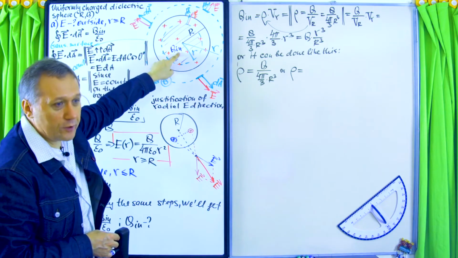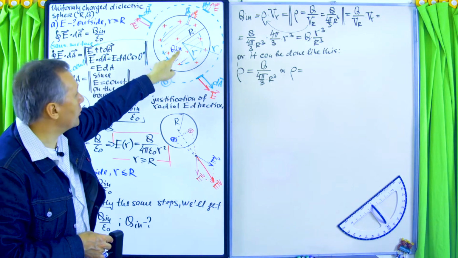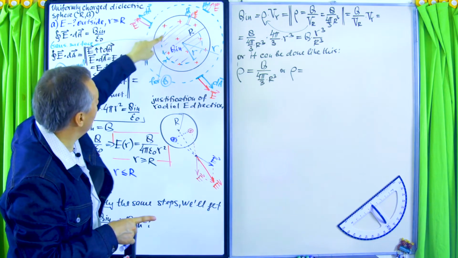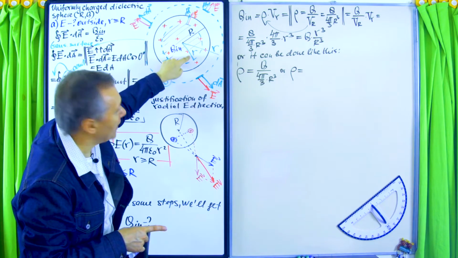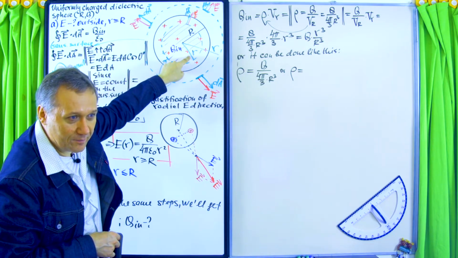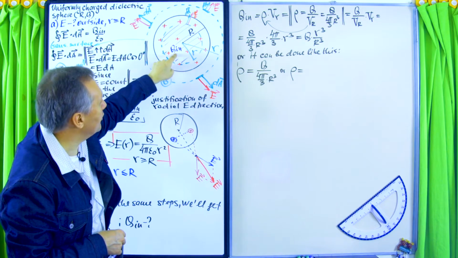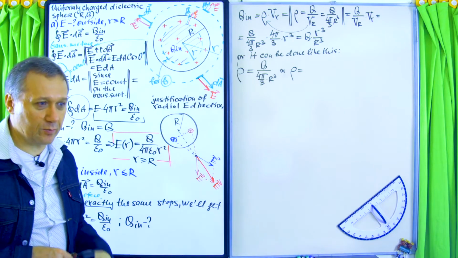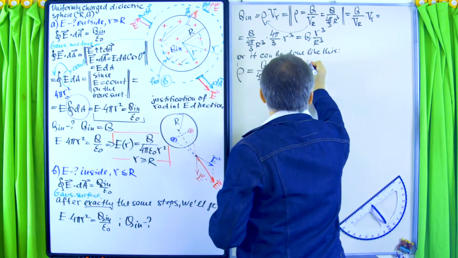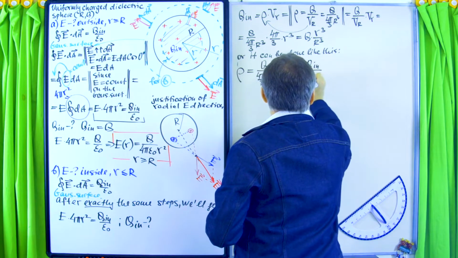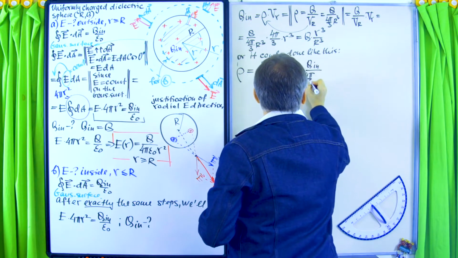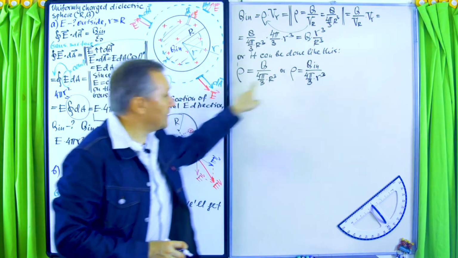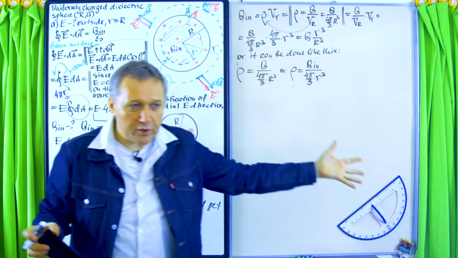I know that this Q enclosed is uniformly distributed over this sphere with radius r small. So I can take Q enclosed and divide it by the volume over which Q enclosed is distributed. So I can write it also as Q in divided by 4 pi over 3 r small to the power of 3. And this density and that density are the same because we have uniform charge distribution.